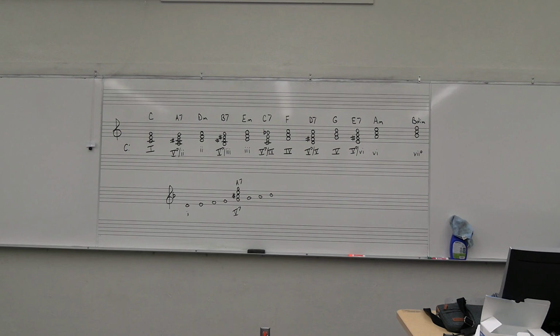So if I do 5 of 2, this is 5 of 2 to 2. If I do 5 of 3, 5 of 3 to 3. If I do 5 of 4, 5 of 4 to 4, 5 of 5, 5 of 5 to 5, and then 5 of 6 to 6. And then, I'm not going to tonicize.